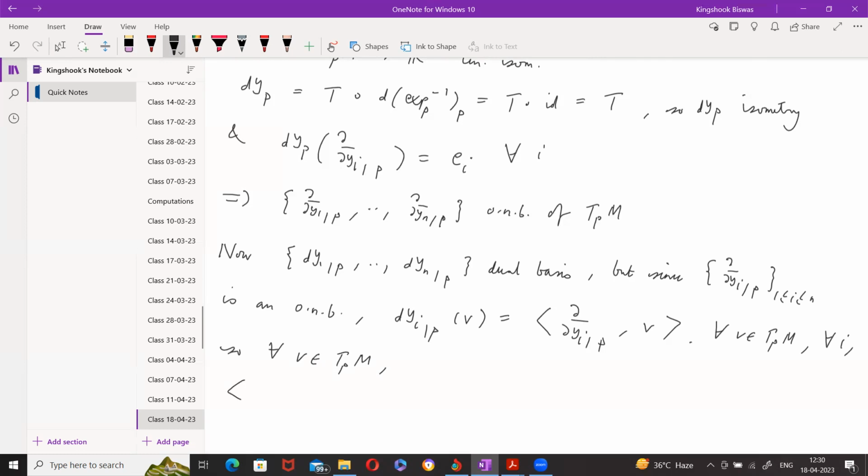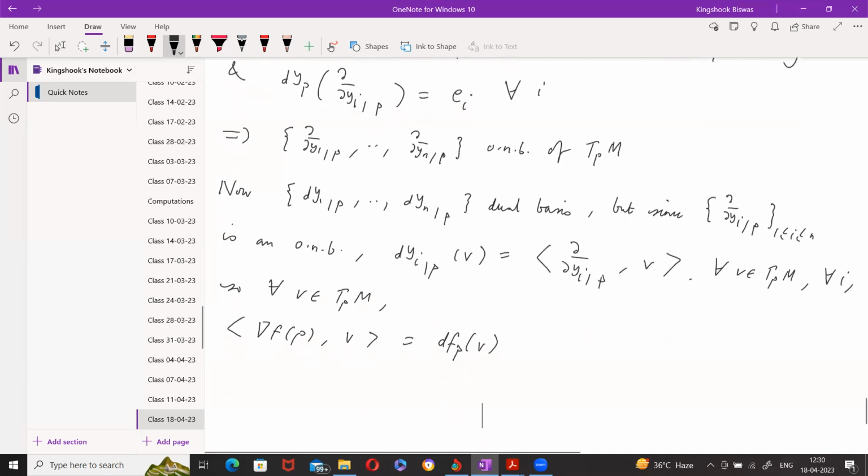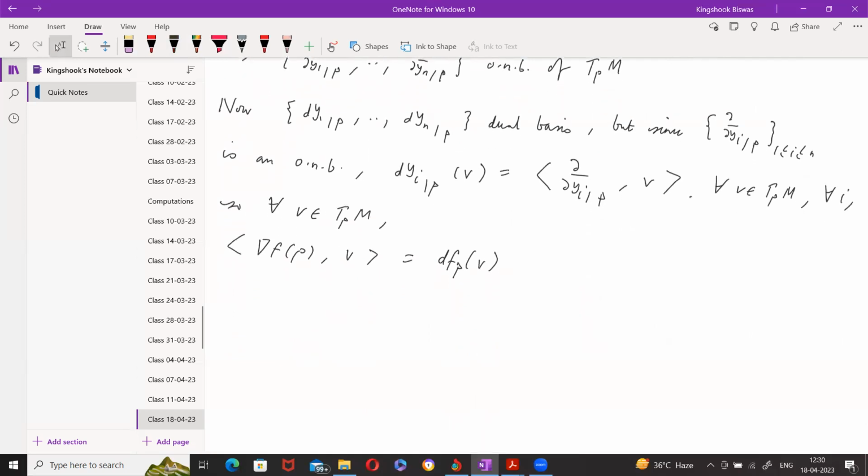If I look at the inner product of grad f at P with a vector V, then by definition, this is df_P acting on V. Now the yi's are a coordinate system, so I know what the derivative is in terms of the coordinates.